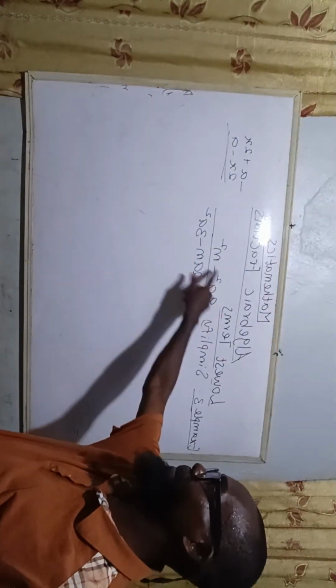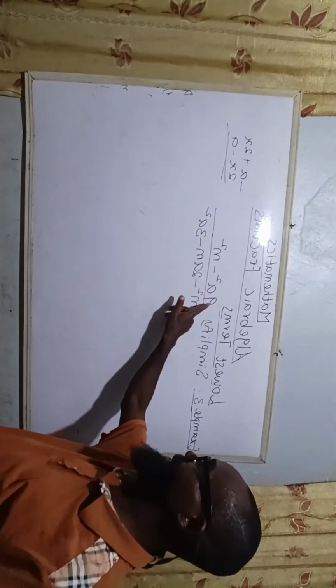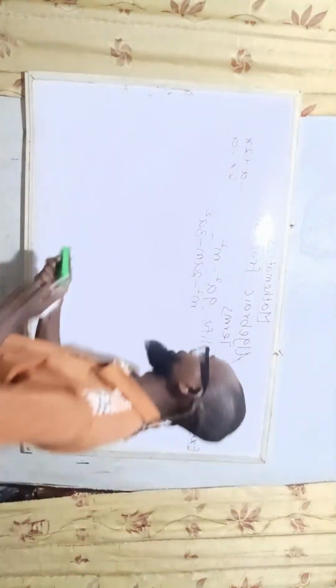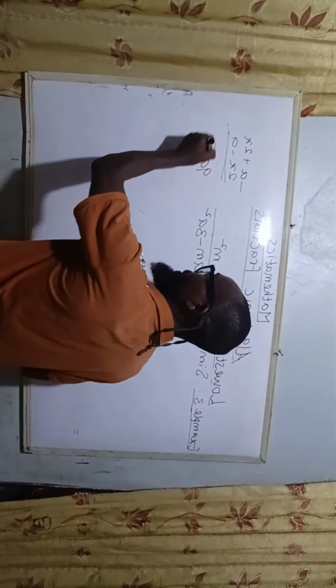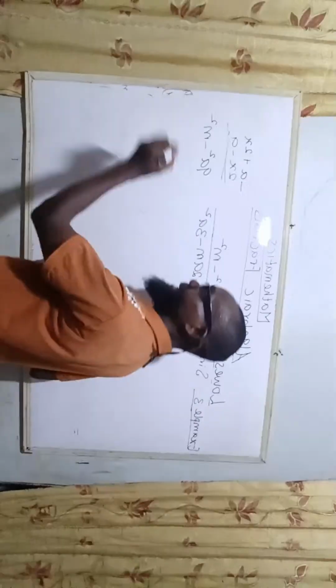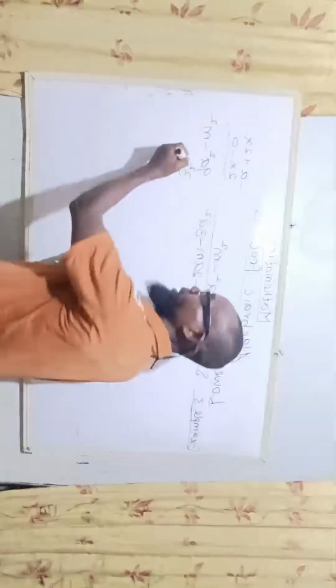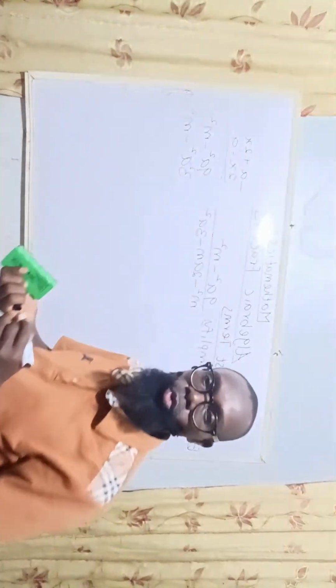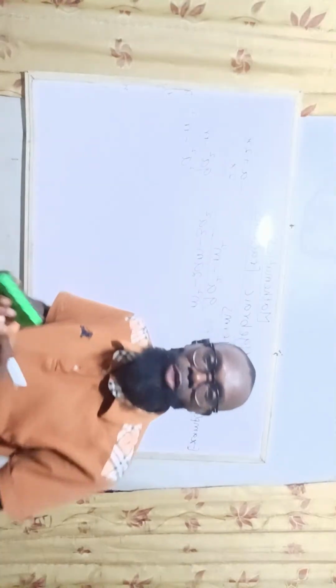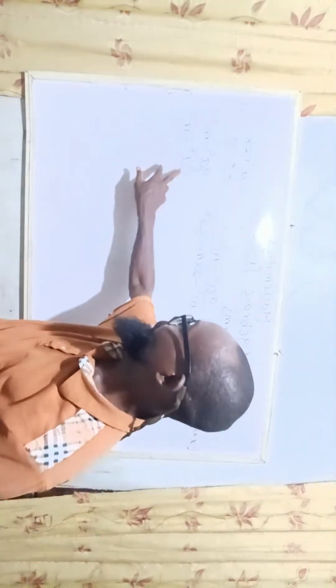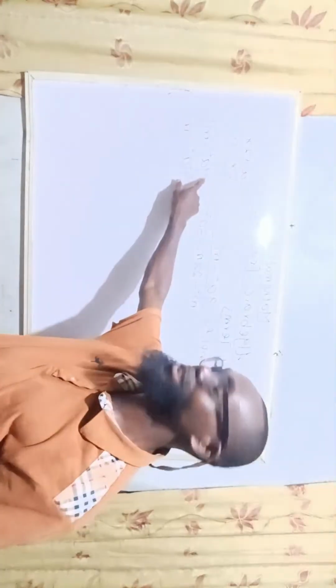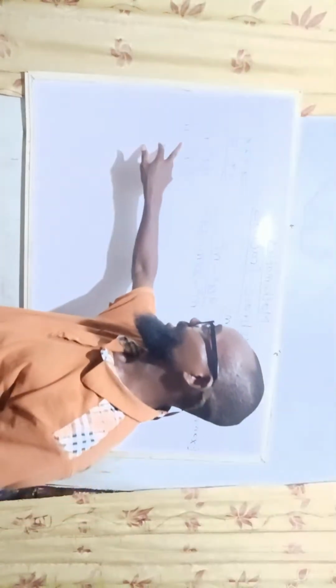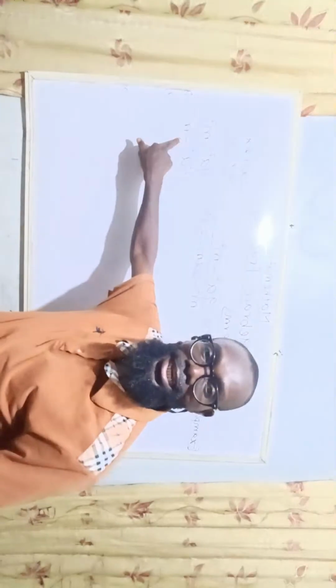According to the first question we solved, if you have something like 9a squared minus m squared, this 9 can be written as 3 squared a squared minus m squared. This is the difference of two squares. Why is it a difference of two squares? Because this 9 is a perfect square, and secondly, they are being separated by a negative sign.